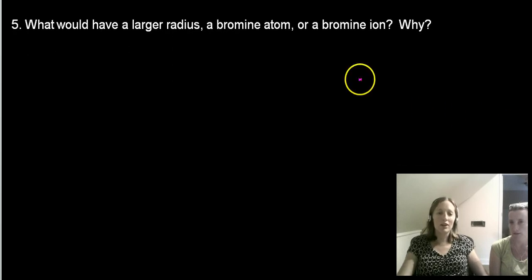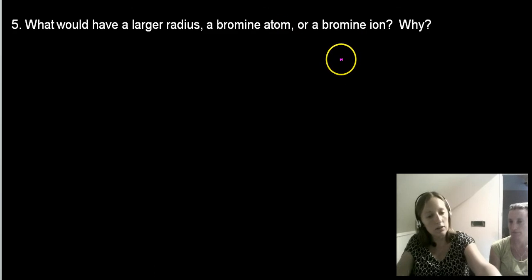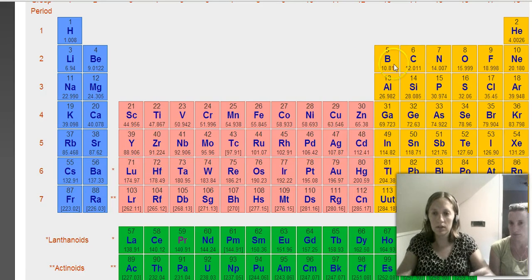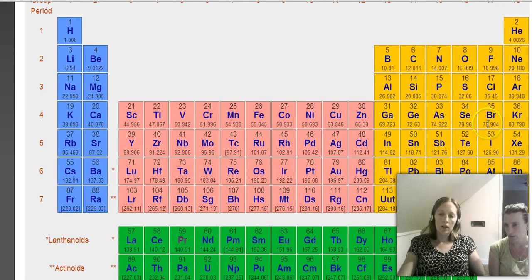And what would have a larger radius, a bromine atom or a bromine ion? Why? Let's go look at bromine. Hi, bromine. There's bromine. When bromine becomes an ion, typically the ion that it becomes is bromine -1. He hops over and gets an electron configuration with 36 electrons.